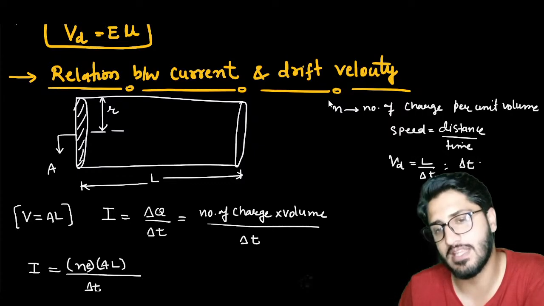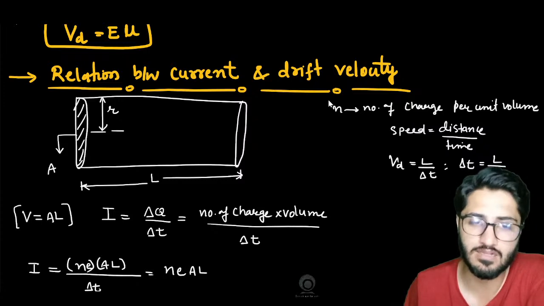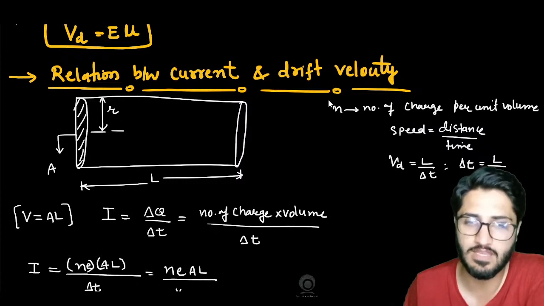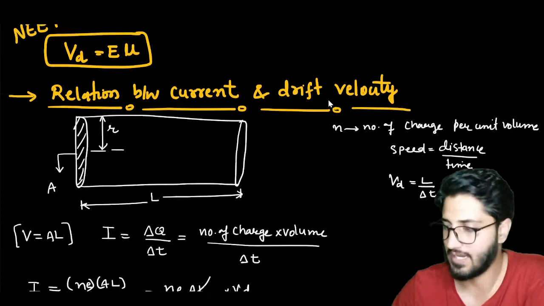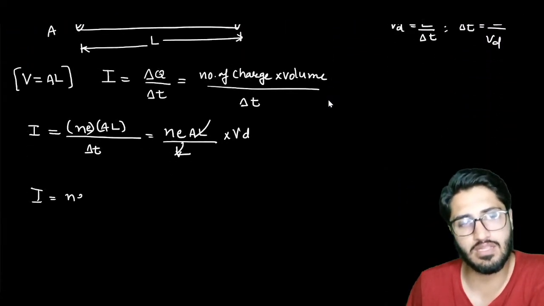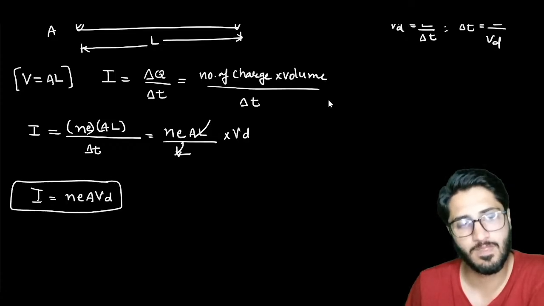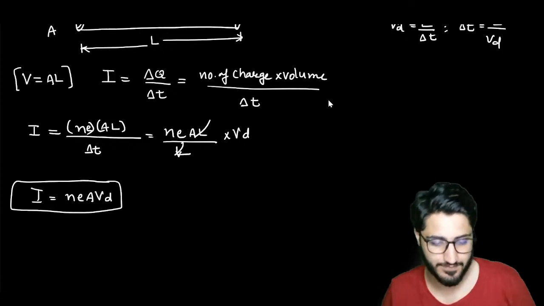So delta t comes out to be L by Vd. So I can write NEAL whole divided by L by Vd. L and L cancel out, so my current comes out to be NEAVd.